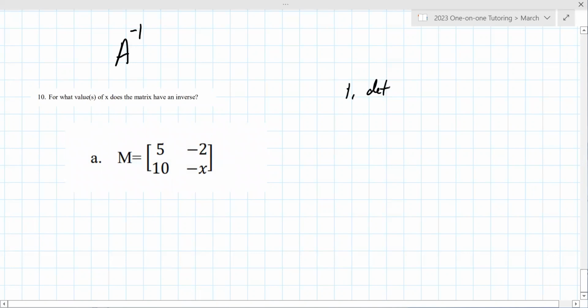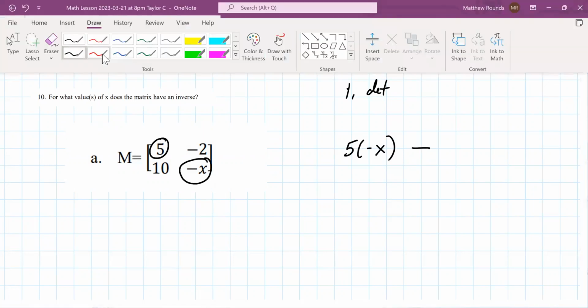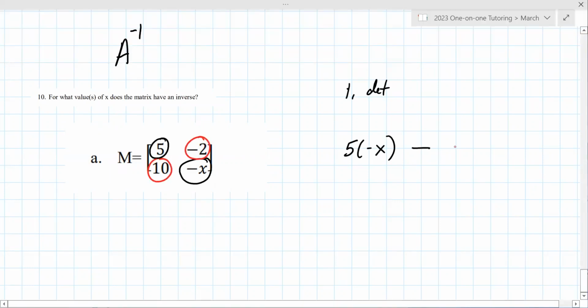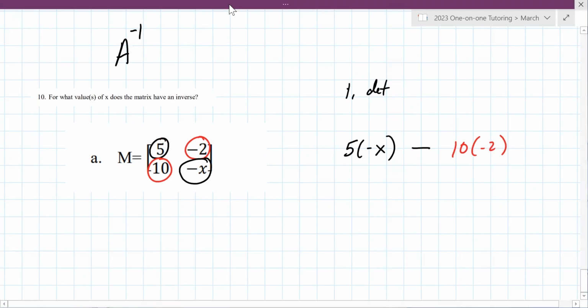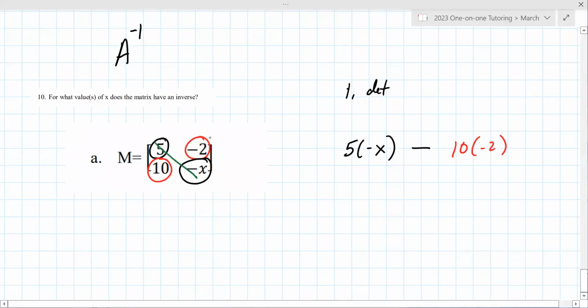This one you have to do by hand. So it's 5 times -6 for the determinant, minus, and then you go the other direction, 10 times -2. You'll sometimes see students drawing lines in there.